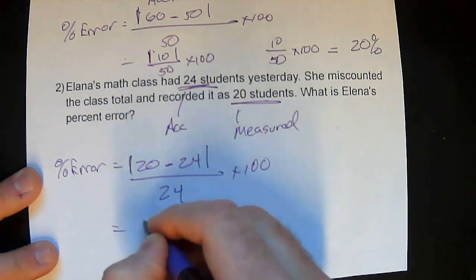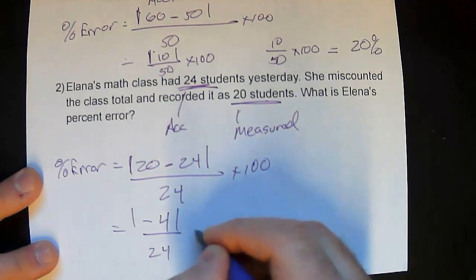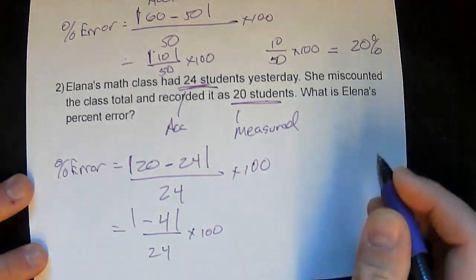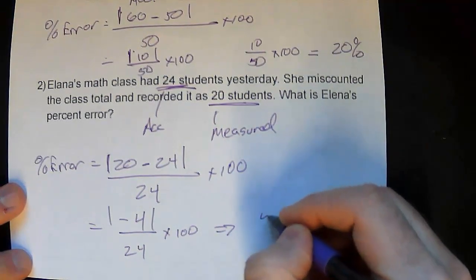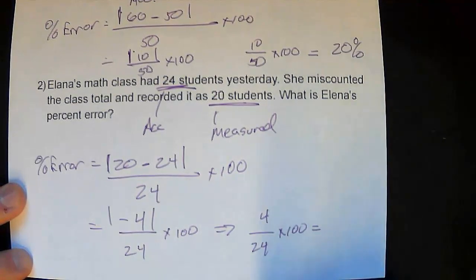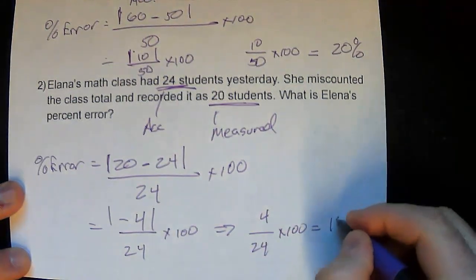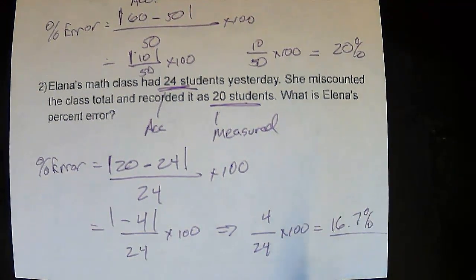So this is negative 4. The absolute value of negative 4 over 24 times 100, which then goes to 4 over 24 times 100, which equals 16.7%.